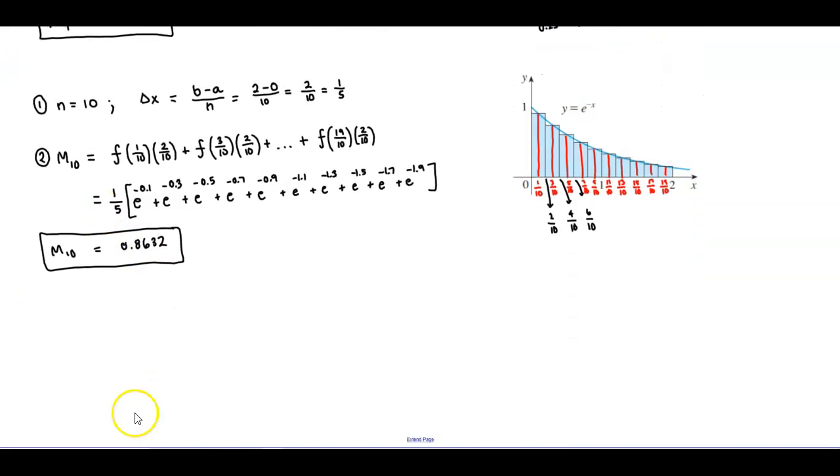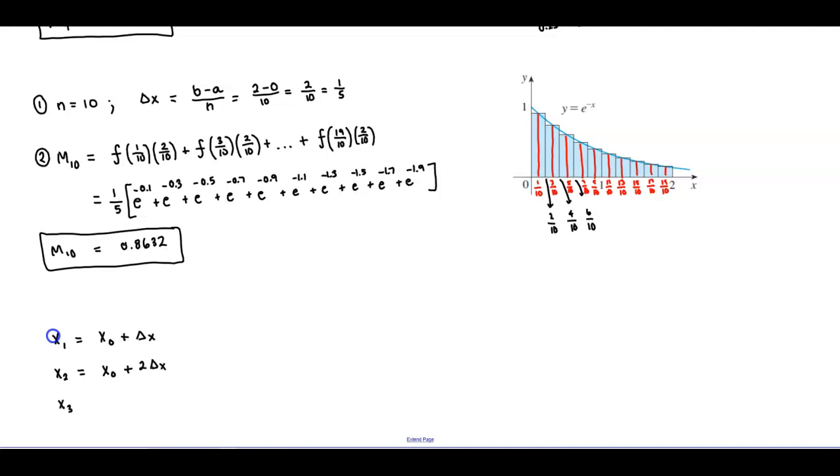And so recall what happened here is, in order to find x subscript 1, that was equal to x subscript 0 plus the change in x. x subscript 2 is going to equal x subscript 0 plus 2 times the change in x.